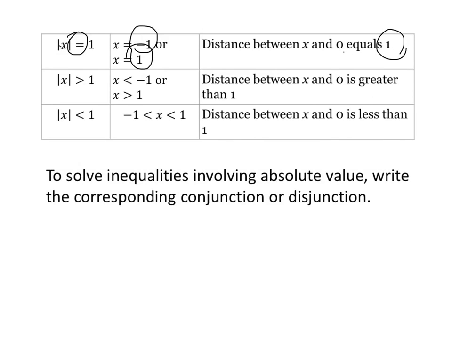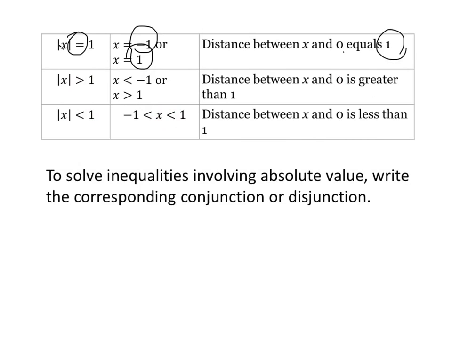When you start looking at the inequalities, if you have a greater than, it's an or, which means that the distance between some number and 0 is greater than whatever your value is. In this case, it's 1. If you have a less than, it's going to be and. That means that the distance is going to be less than 1 in both of those cases.